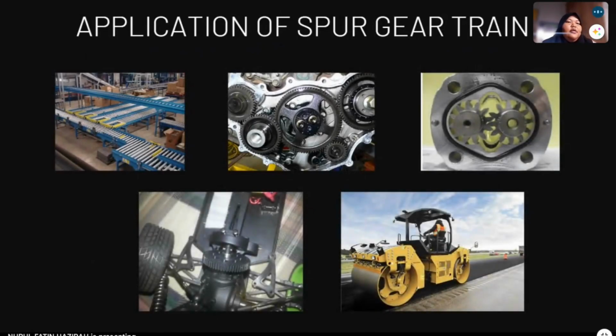Next, we will talk about the application of the spur gear train. There are many applications that use spur gear train because spur gear train has a simple and straightforward gear and is not very difficult.